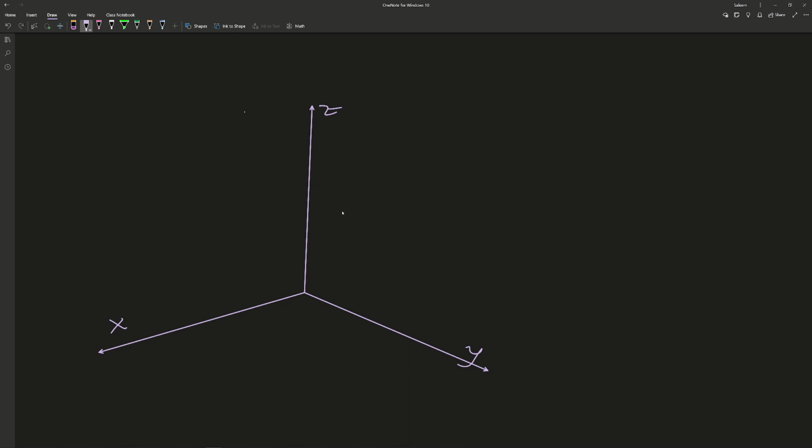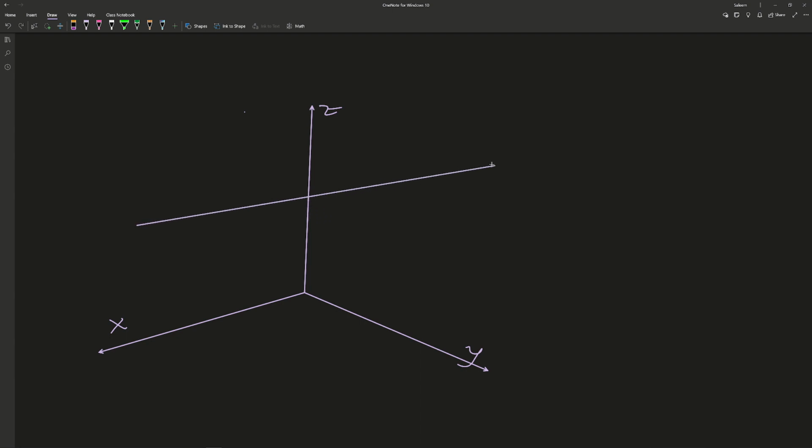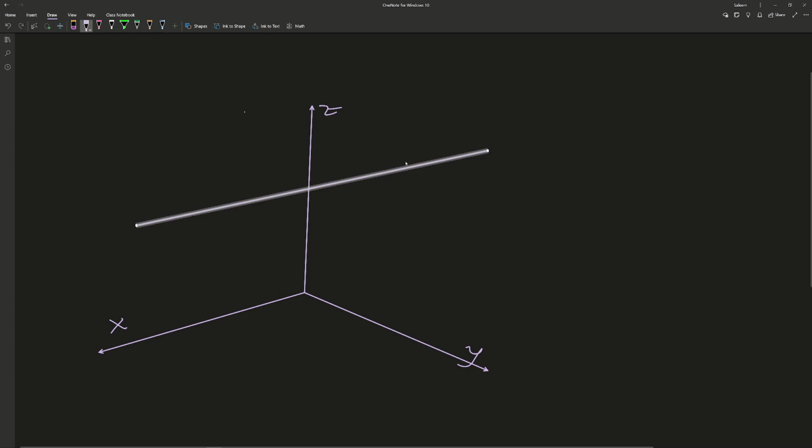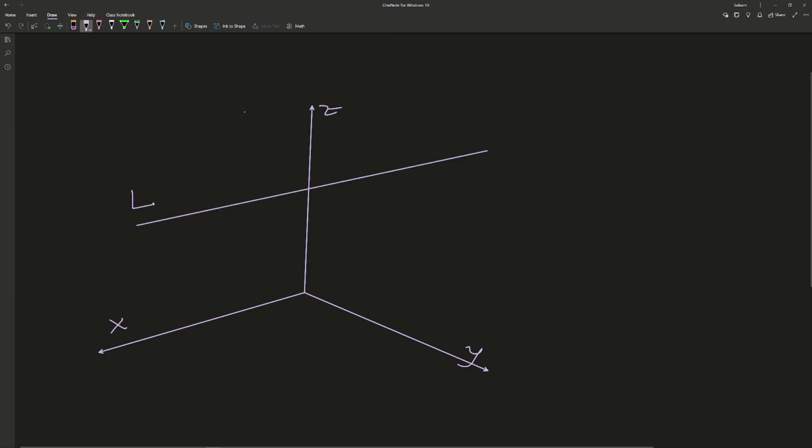The equation of the line can be written in something called the point slope form. So let's make it a little bit slopey. There we go. So we have this line here. Let's call it L. So L is this line here, right?